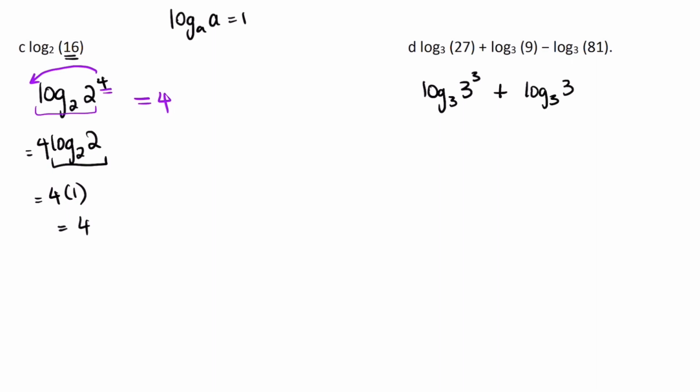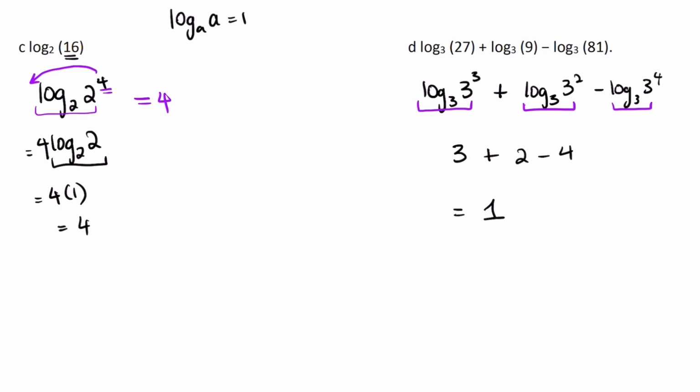I can rewrite 9 as 3 squared, and I can rewrite 81 as 3 to the power of 4. Now, how does this help me? Well, I can use exactly what I did in part C. This is going to be 1, this is going to be 1, this is going to be 1, and what is going to be dropped is my power. So that'll be 3 plus 2 minus 4, which will be equal to 1. So that's a neat way of being able to work that out.